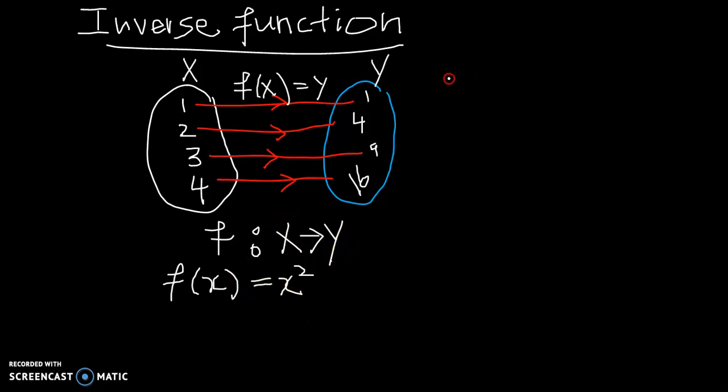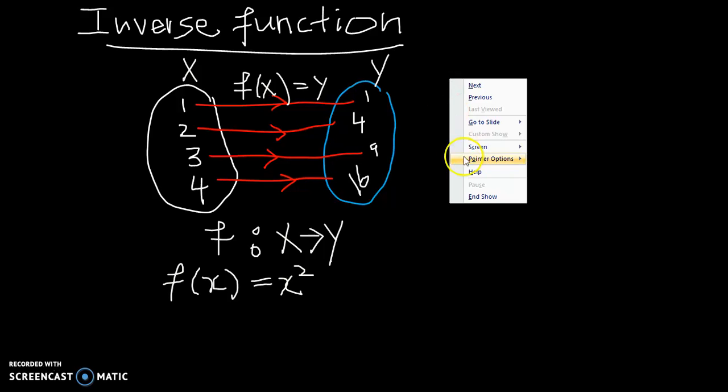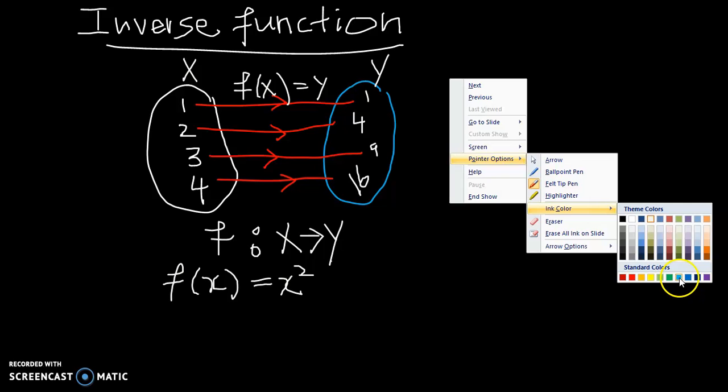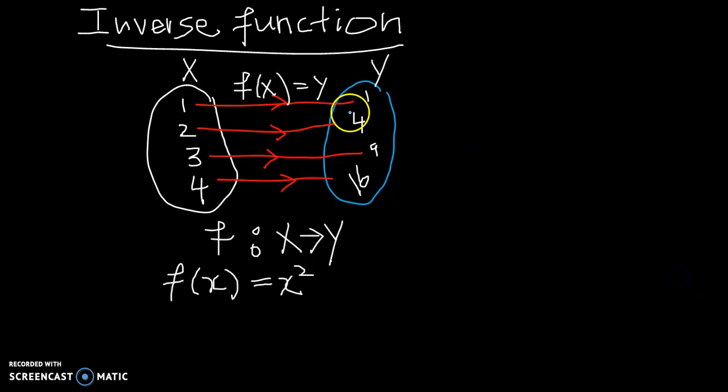Okay. Now let me take blue ink and show you that from 1 I am getting 1, from 4 I am getting 2, from 9 I am getting 3, from 16 I am getting 4.